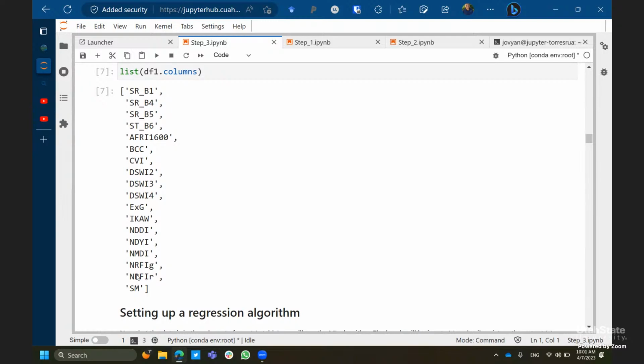Going back to the initial question, do I need all 17 variables to predict soil moisture? Or could I find a smaller number of predictors or vegetation indexes to predict soil moisture? So could I reduce this?